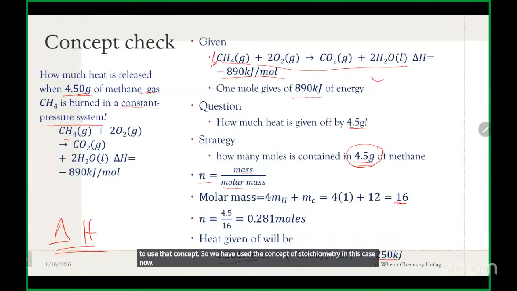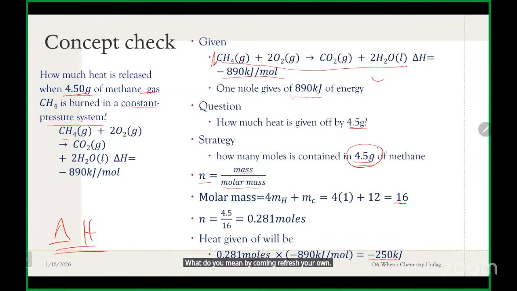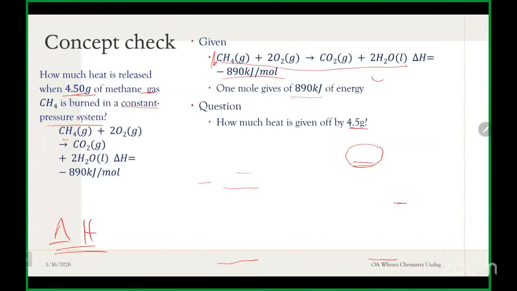What do you mean by come again? Your question, Winnie. Yes, the reaction. Why did you multiply? So our question says how much is given off by 4.5 grams.